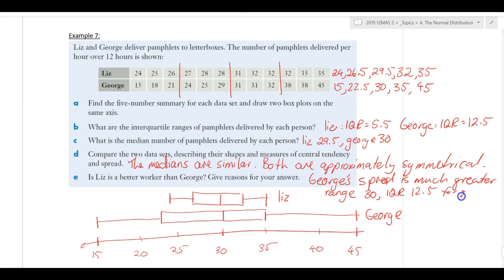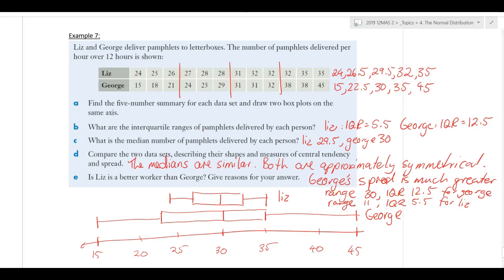For George, and for Liz, the range is 11. And my interquartile range was 5.5. Pretty scruffy work here, Snell, but anyway.